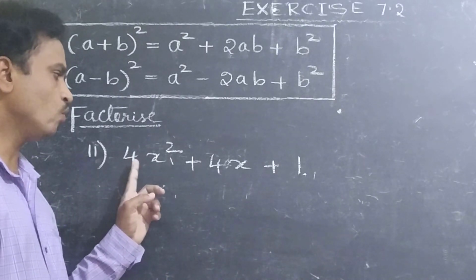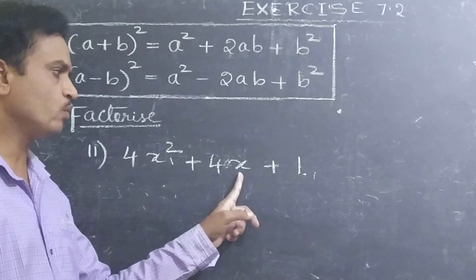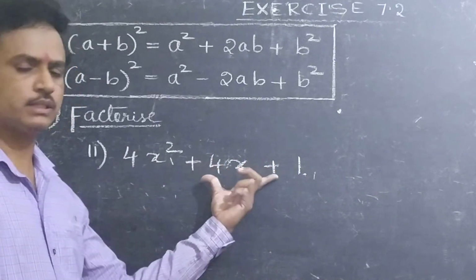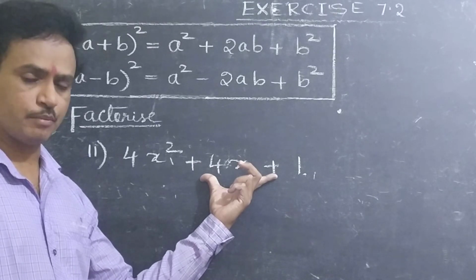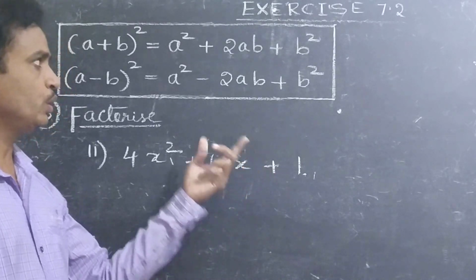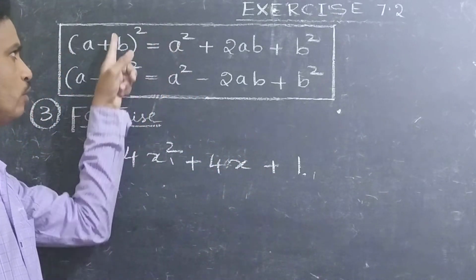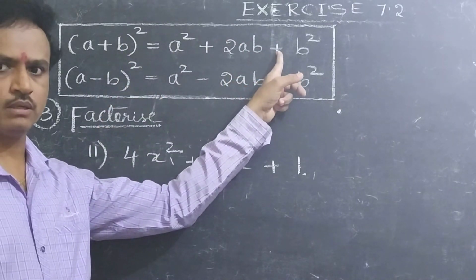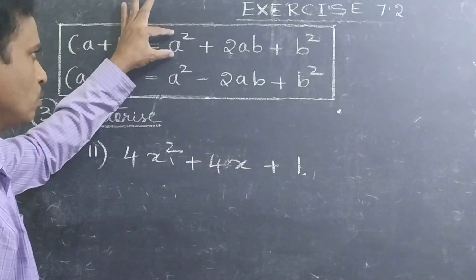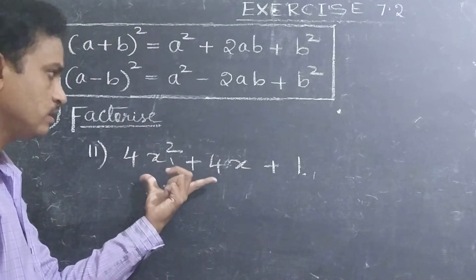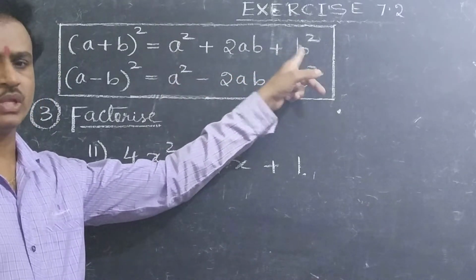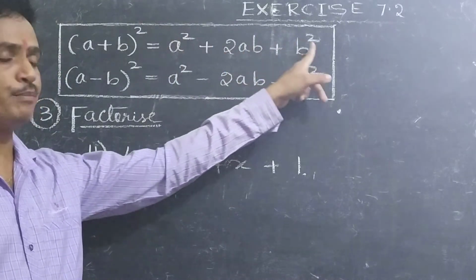Second question, 4x square plus 4x plus 1. Here plus, plus, okay, that means which formula among these two do we have to use? The first one. Here also plus, here also plus. So we have to make this question in the form a square plus 2ab plus b square.